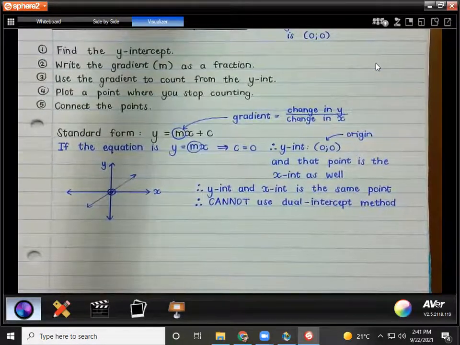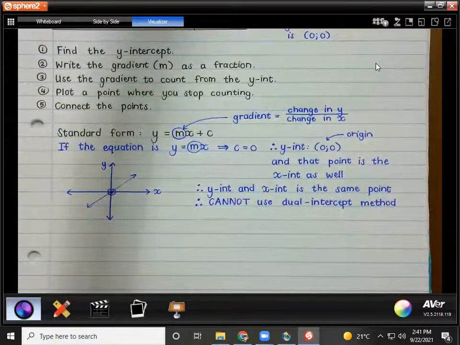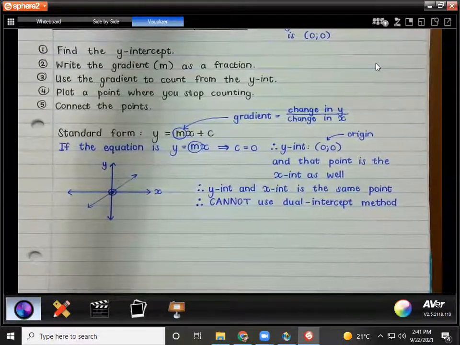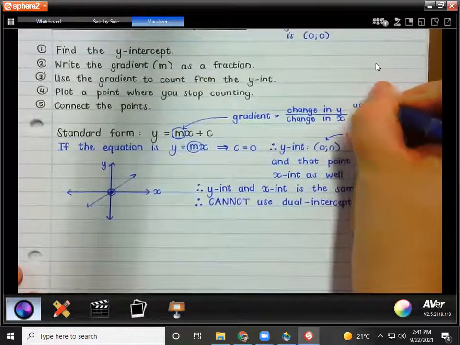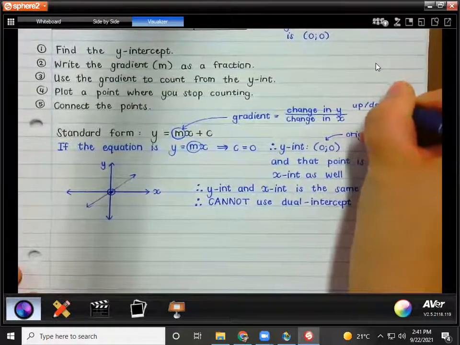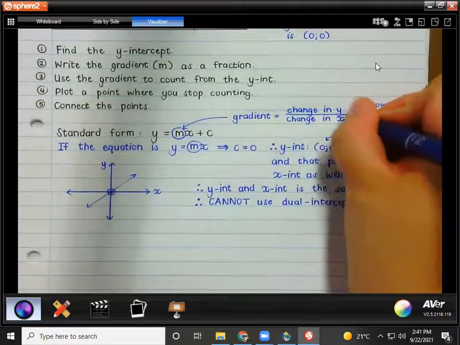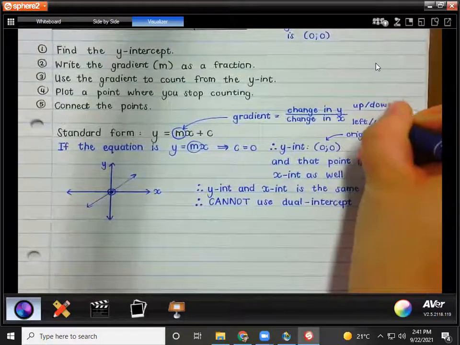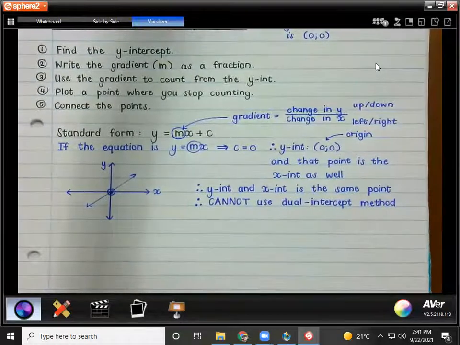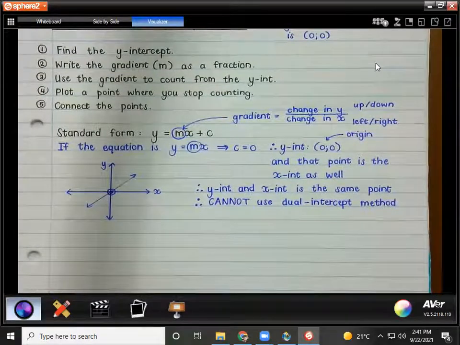Like we said yesterday, your change in y is how you are moving up or down. If it's positive, you're moving up. If it's negative, you're moving down. Your change in x is going to be left if it's negative or right if it's positive. And that is what we're going to use to find a second point on the line.